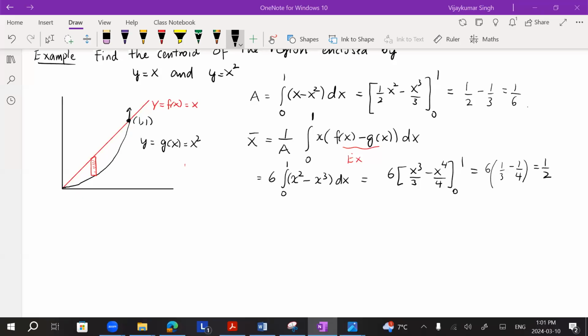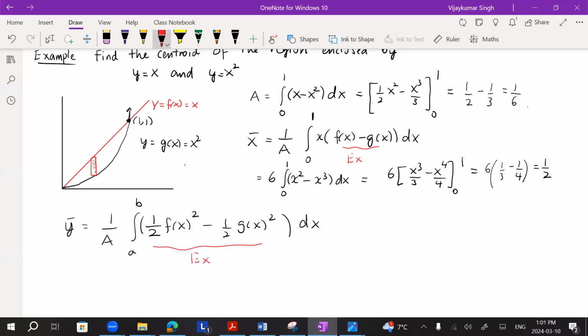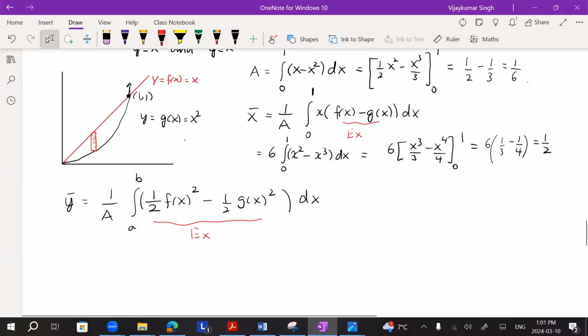Now let's do the similar computation for y bar. Now y bar is going to be, again, 1 by A times the integral from a to b. Now y bar was half f of x squared, right? So now in this case, we'll have half f of x squared minus half g of x squared. And again, this is an exercise you should see. Again, the idea lies in the fact that you are doing upper curve minus lower curve here, right?